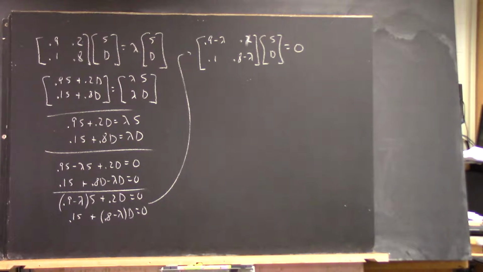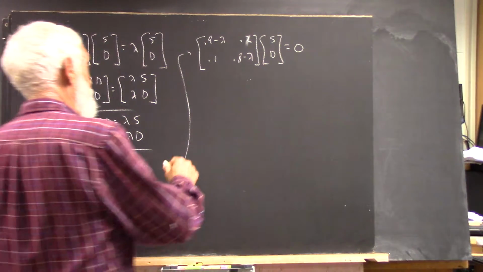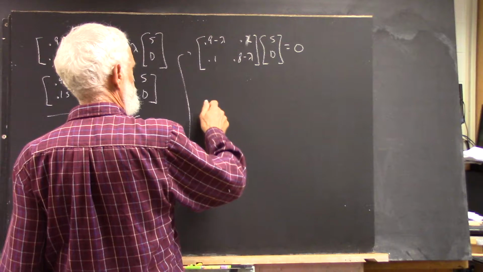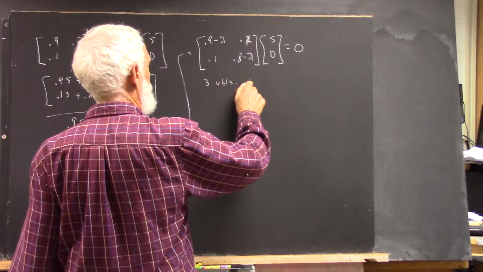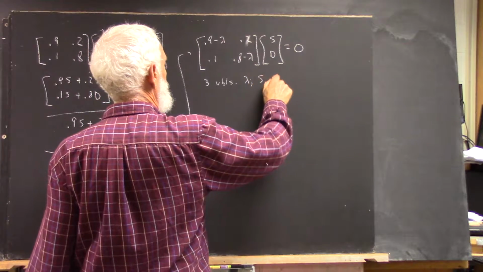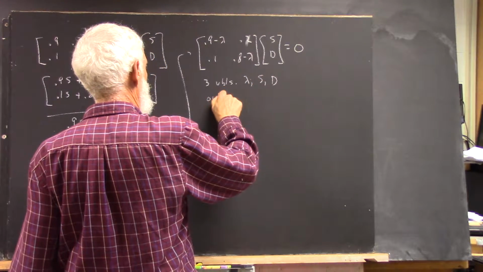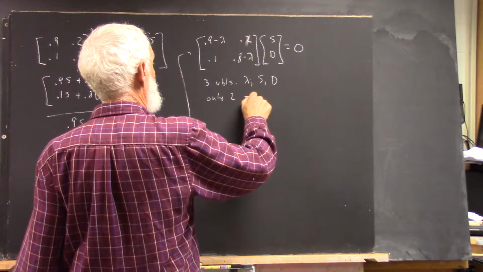Now, we could easily prove it, but we're not going to. So you accept that there are three variables, lambda, S, D, and only two equations, right?